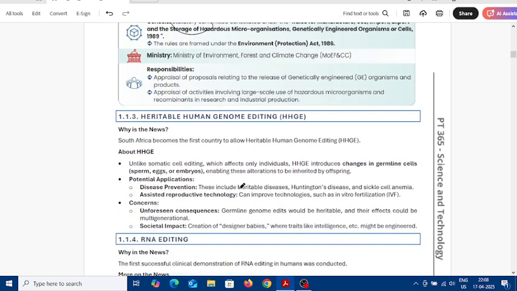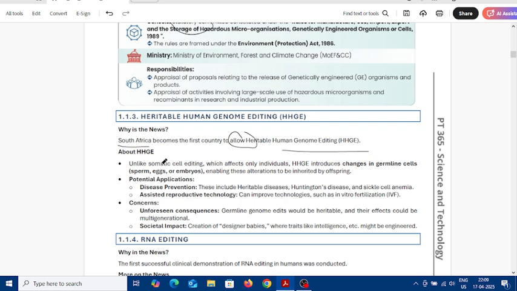Then we have heritable human genome editing. South Africa becomes the first country to allow heritable human genome editing. You have to learn this. Unlike somatic cell editing, if we edit somatic cells, it will affect only the individual in which the cells have been edited.